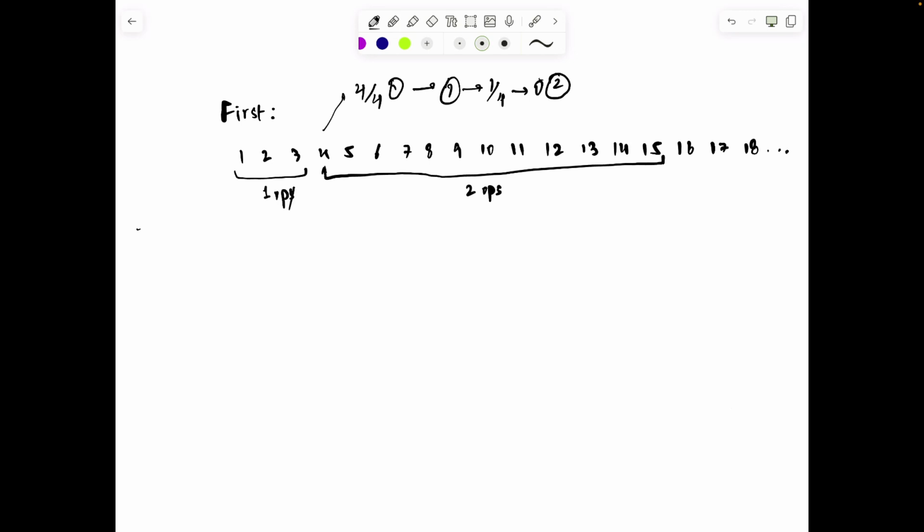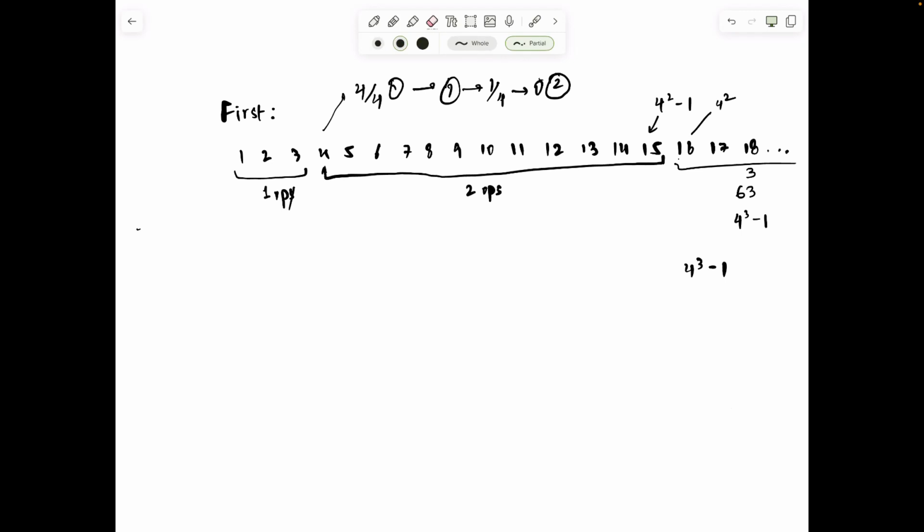So one op and two ops here. Now you can extend this logic to saying from 16 to 63, which is nothing but 4 power 3 minus 1, you'll require three operations. The end of two operations was 4 power 2 minus 1, and the start of the next was 4 squared till 4 power 3 minus 1.